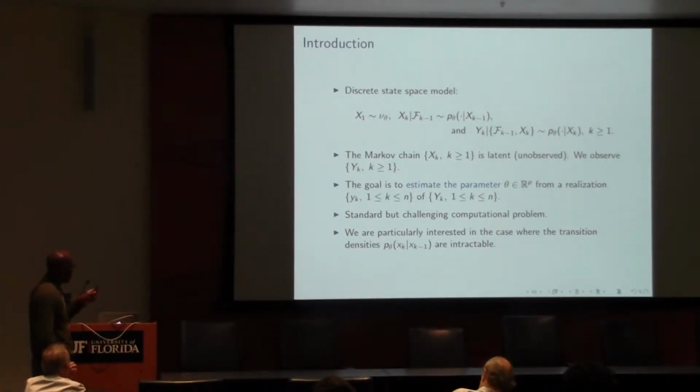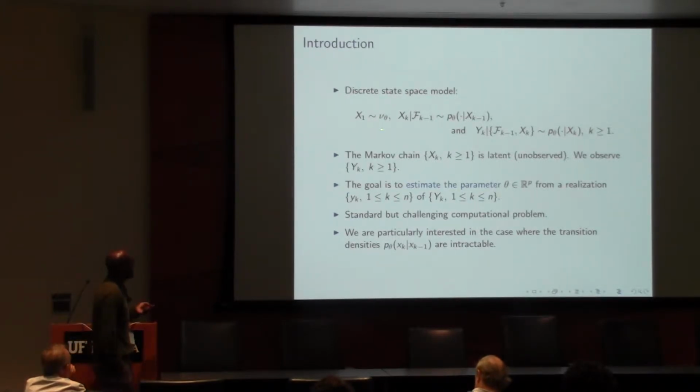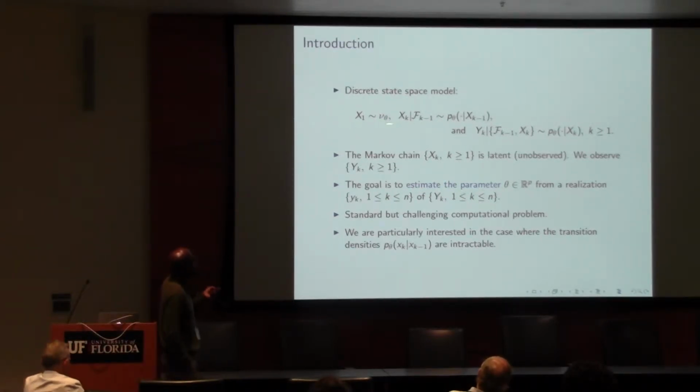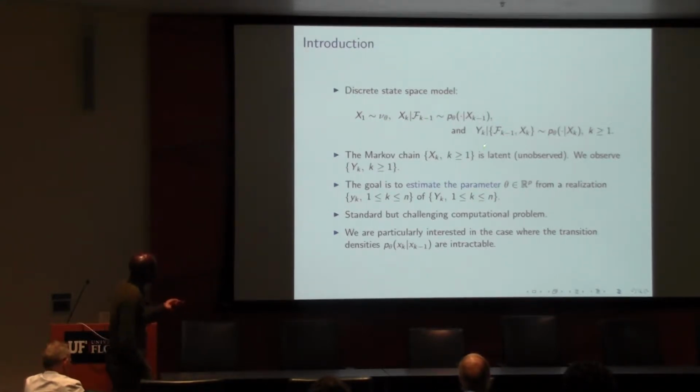This slide presents a discrete state space model. I will not use it much, but it sets the notation a little bit. X will be the signal, and it's unobserved, and Y will be the observations related to the signal this way, just the usual state space model.